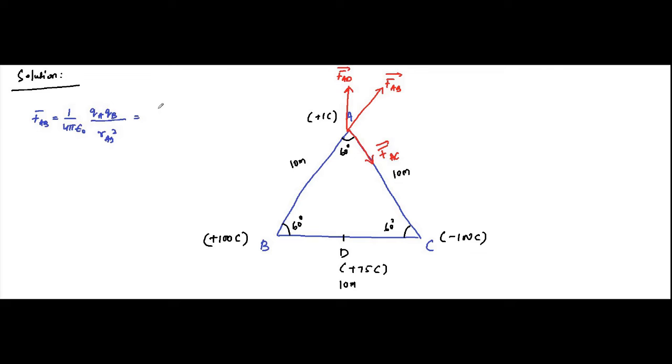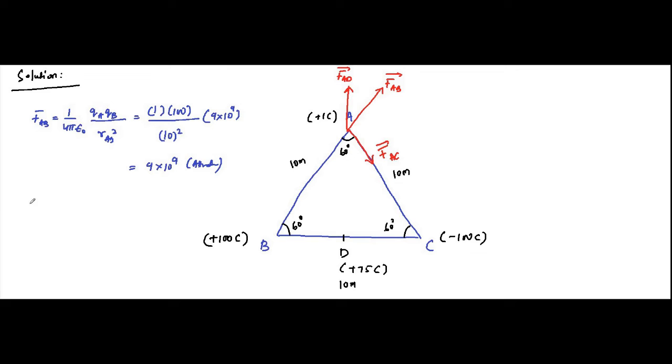QA is 1, QB is 100, RAB is 10 square, and 1 by 4 pi epsilon 0 is 9 into 10 to the power 9. So the 100 will get cancelled, there will be 9 into 10 to the power 9 for FAB.